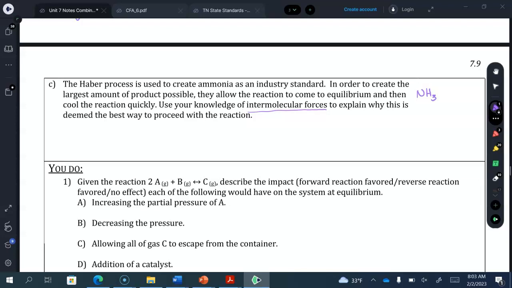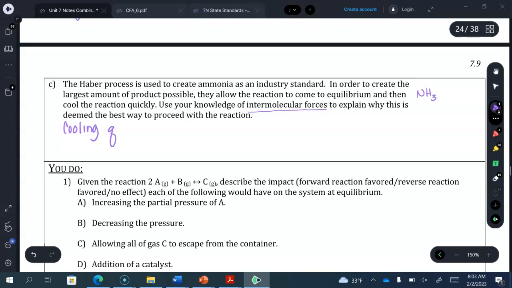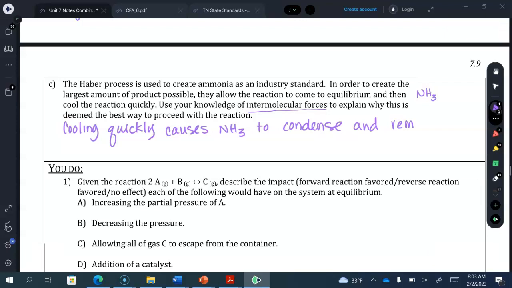Okay, so we should have seen that cooling quickly causes the NH3 to condense and removes it from the system, because it goes from a gas to a liquid, and we don't look at liquids in an equilibrium system.